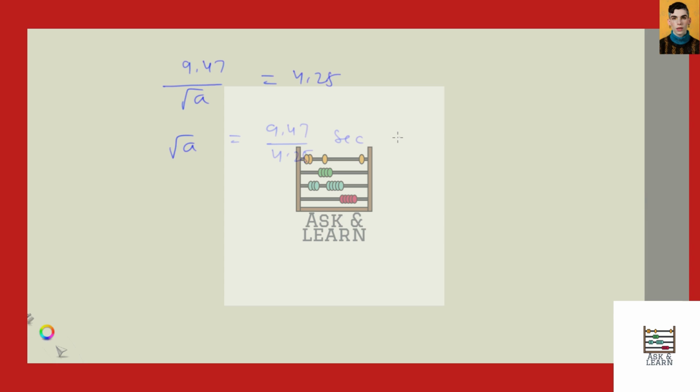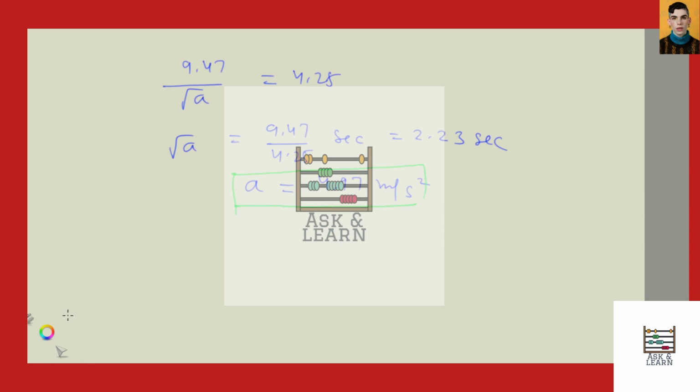So here it comes out to be 2.23. So finally, making a square of both the sides, acceleration of the accelerated part of the motion comes out to be 4.97 meter per second square. This is the answer for the first part of the problem.